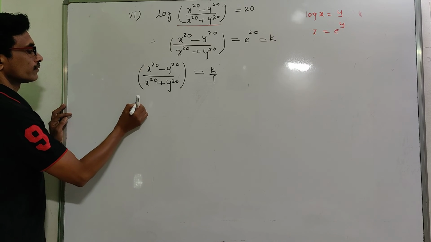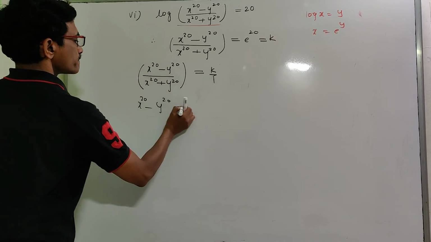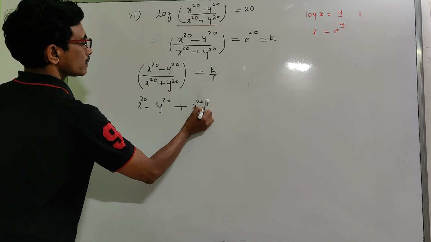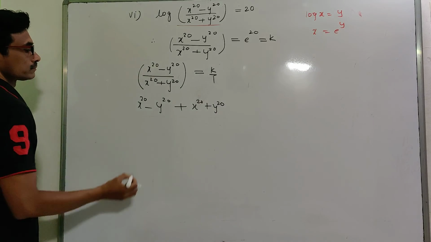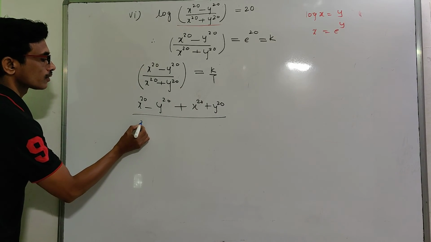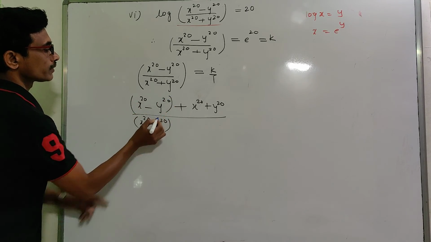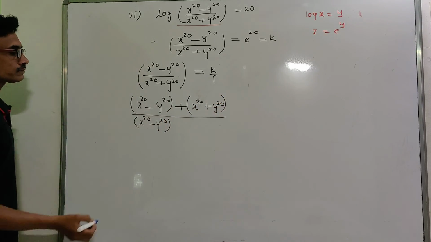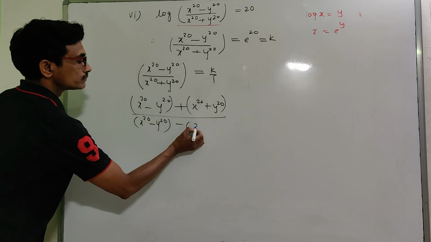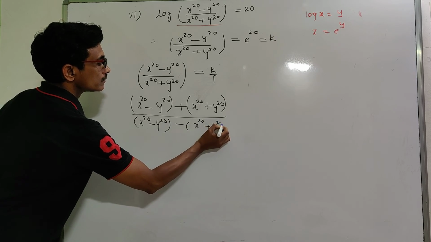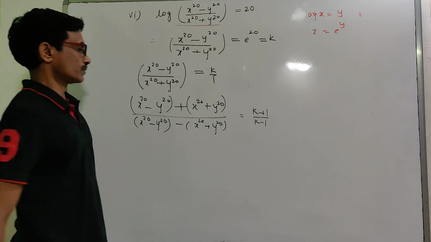So by that componendo dividendo, (x^20 - y^20 + x^20 + y^20) upon (x^20 - y^20 - x^20 - y^20), that is, a plus b upon a minus b, similarly right hand side is k plus 1 upon k minus 1.